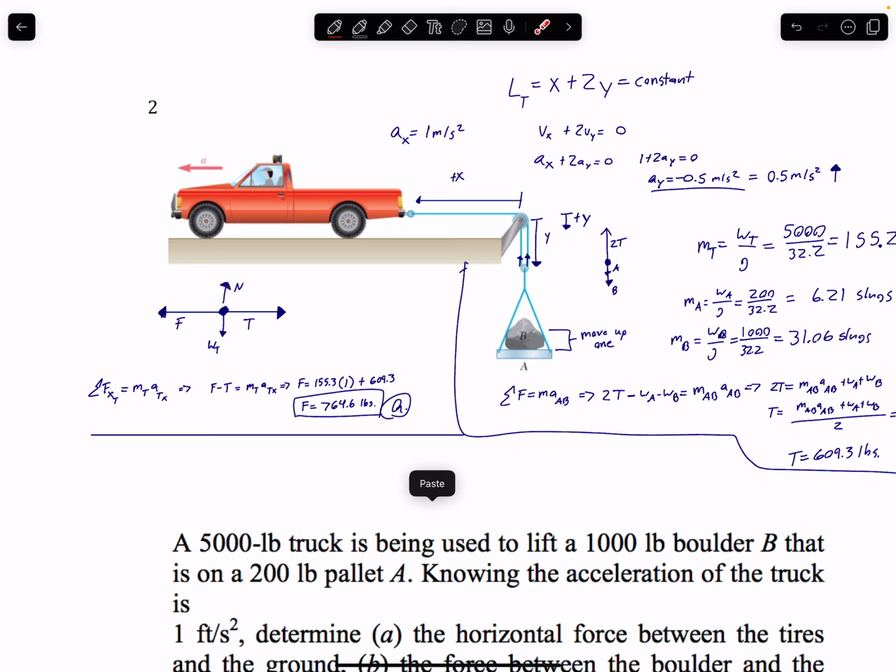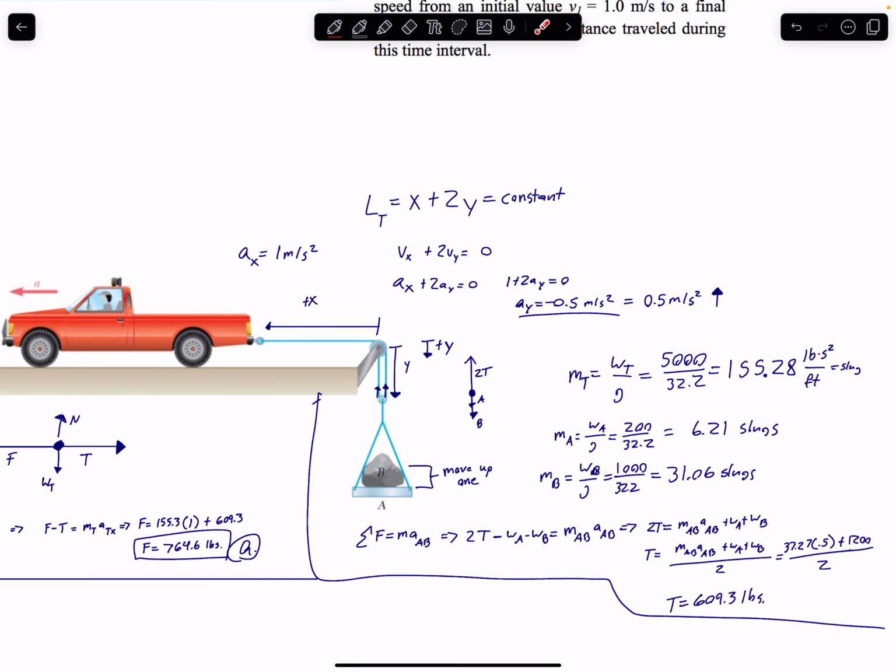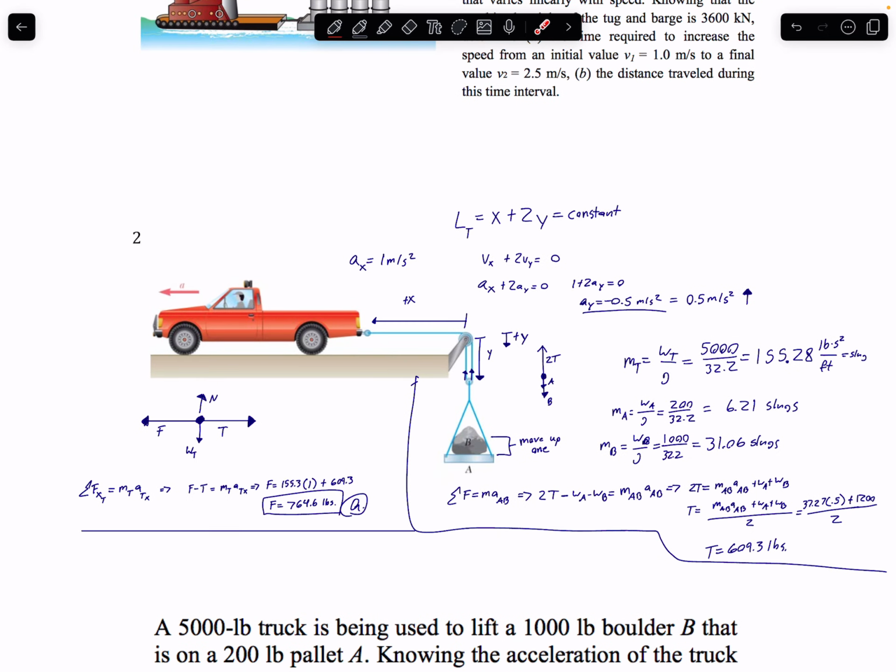Let's see, make sure I'm doing this in the right order. We know the mass of the truck is equal to the weight of the truck divided by gravity. We're using imperial units, and I didn't know these denoted slugs at first, but we learned; slugs are just in imperial pounds and such here.